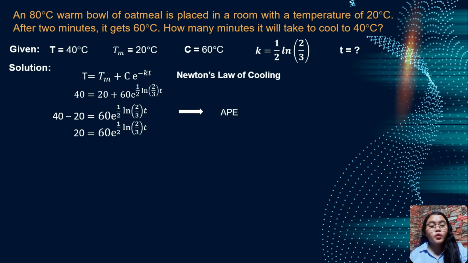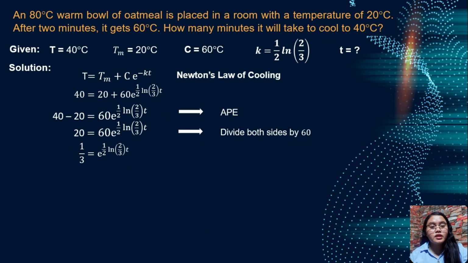To eliminate 60 on the right side of our equation, we divide both sides by 60. So we have 20 divided by 60, which is 1/3 in lowest terms, equal to e raised to 1/2 times ln 2/3 times t.